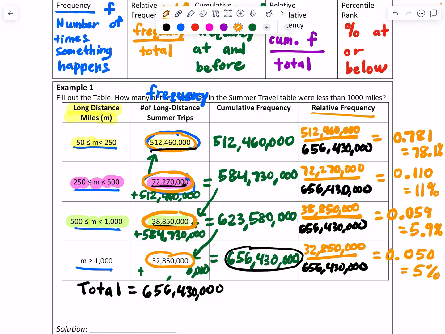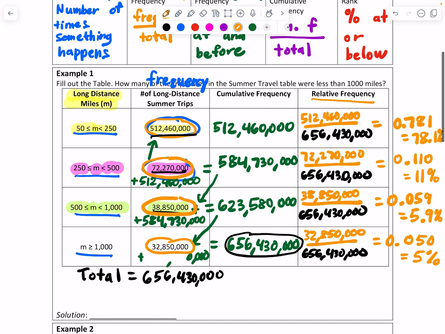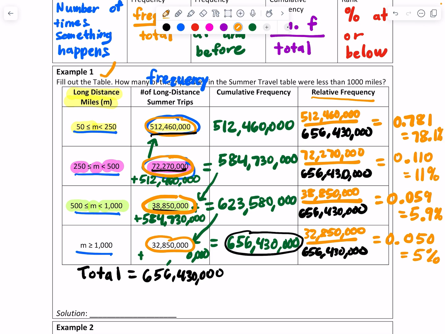So 5% were in that range. Now if I added all of these percents together, you should get 100%. You might be a tiny bit off just because there is some rounding, but it should add up to 100. Okay, so we filled out the table. Check. Now, how many of the trips listed in the summer table were less than 1,000 miles?